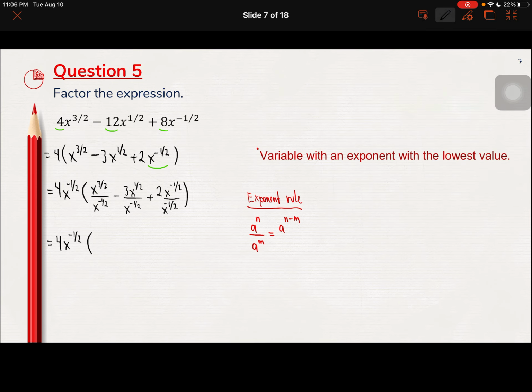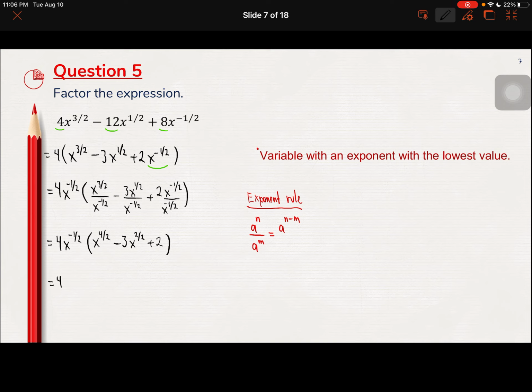So this division is going to give us x to the 4/2, minus 3 times. Then this division is going to give us x to the 2/2, and then plus 2 times. When you make this division, they are the same, so that is 1, and when you multiply 1 by 2, you get 2. So here we have it.